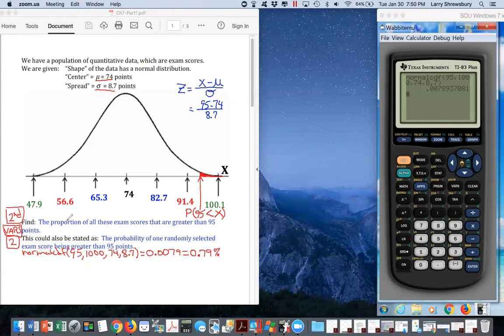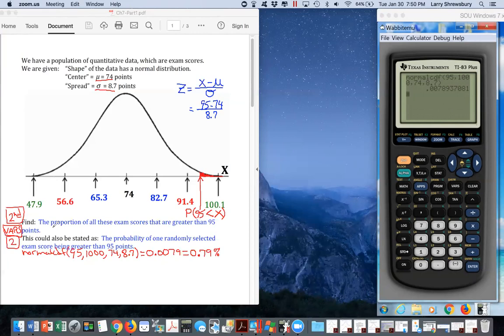And we'll say 0.79% of all these exam scores are greater than 95 points. So those are all the steps that you're to do for every problem you do. And you don't have to worry about forgetting if you just refer to that template that I just showed you, that's available to you in the learning module.